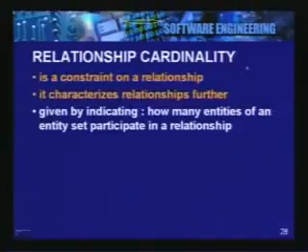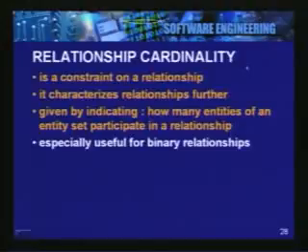So primarily by cardinality we are indicating how many entities are related to entities from another set in forming a relationship. This is a very useful concept for binary relationships, where two entity types or two entity sets are related.